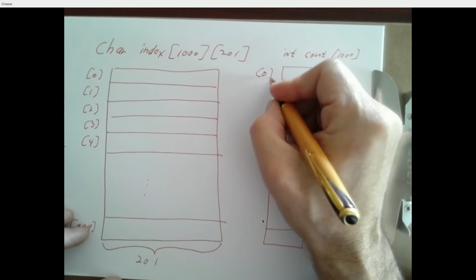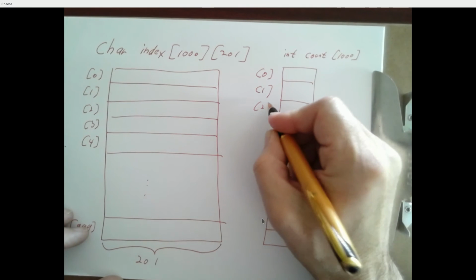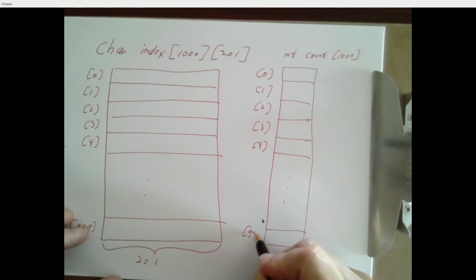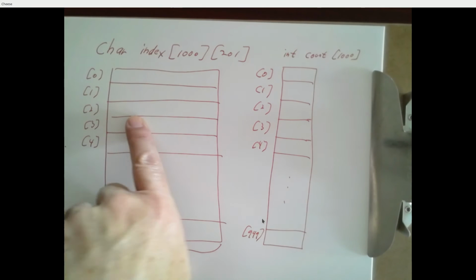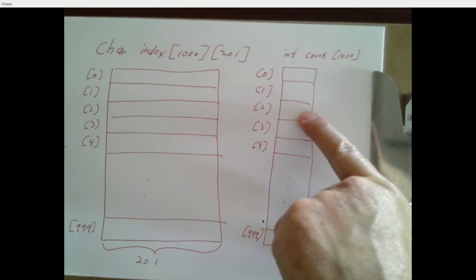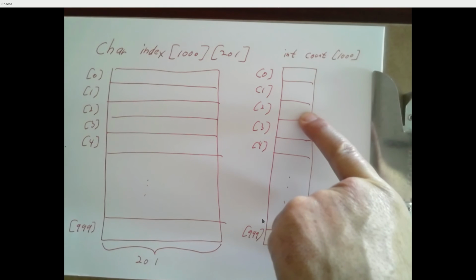And these are parallel arrays. So if we have a phrase here at index 2, we want to know how many times it occurred, well, it's whatever is at index 2 in our count array.